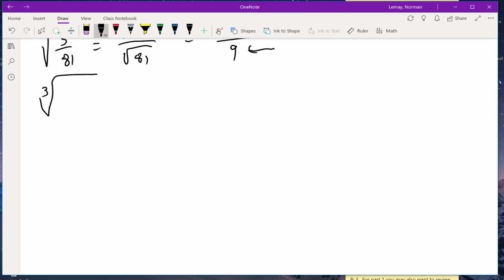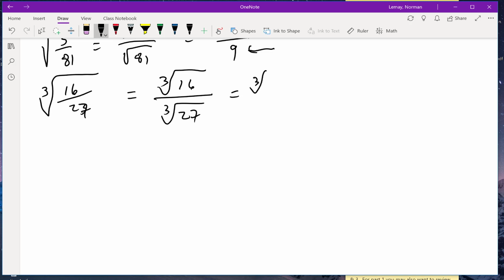So take a look at the cubed root of 16 over 27. And let's just note this is the cubed root of 16 divided by the cubed root of 27. So again, the question is, can I rewrite the cubed root of 16 as a product where one of them is a perfect cube? And notice that this is going to be the cubed root of 8 times 2.